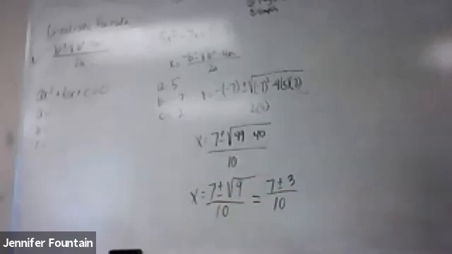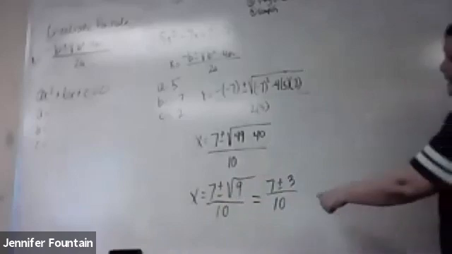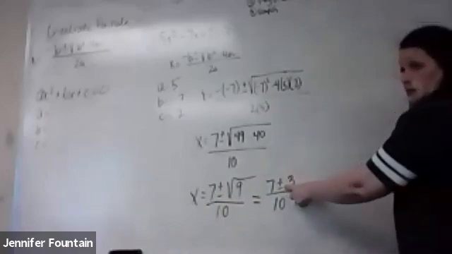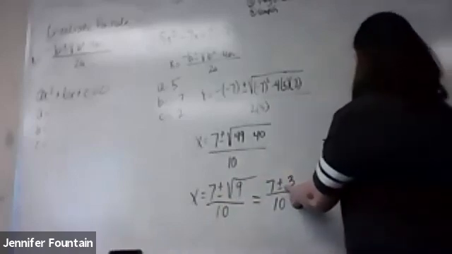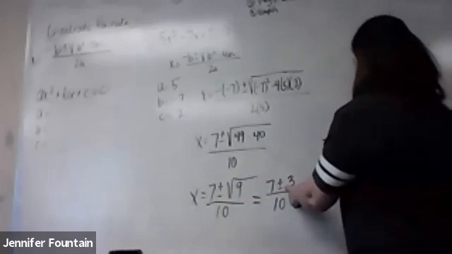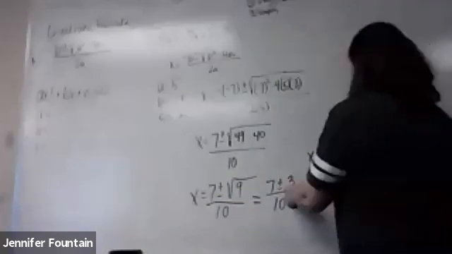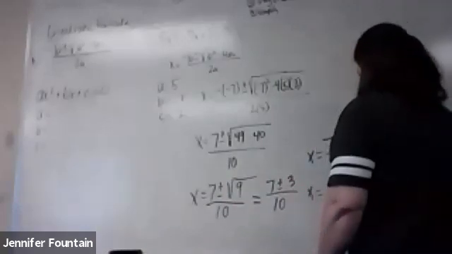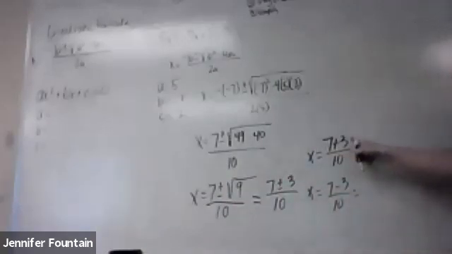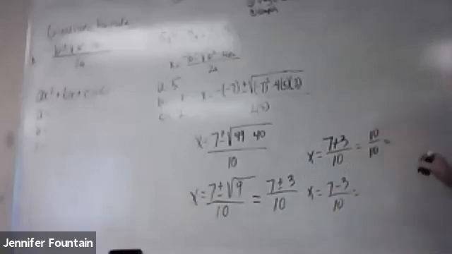This is different, isn't it? Remember, when I have plus or minus, that means I could have x equals 7 plus 3 over 10, or x equals 7 minus 3 over 10. What is 7 plus 3? 10. 10 over 10 is equal to 1.